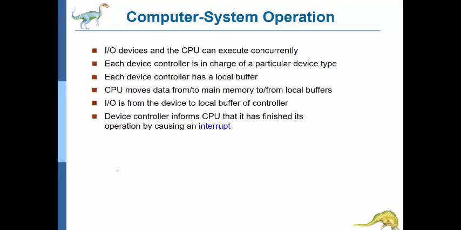The CPU moves data from and to main memory, and also to and from local buffers. Right? Let's say this is a CPU, and this is storage, the hard disk. It's a big storage containing all the programs and all the data that I need.